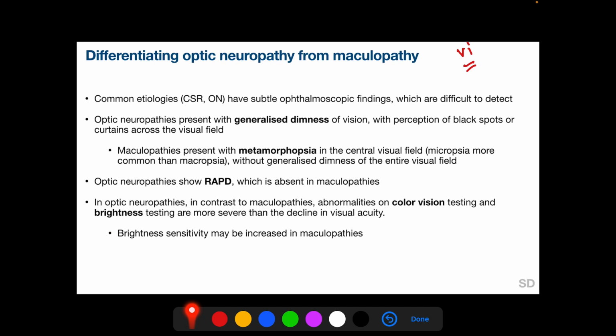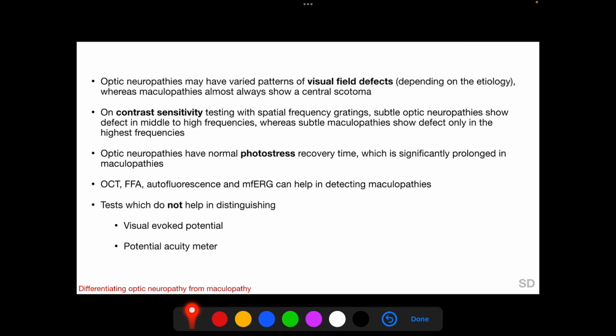And brightness sensitivity may actually be increased in certain maculopathies. Optic neuropathies may have varied patterns of visual field defects depending on the etiology, whereas maculopathies almost always show a central scotoma because the macula involves only the central portion of the fundus.